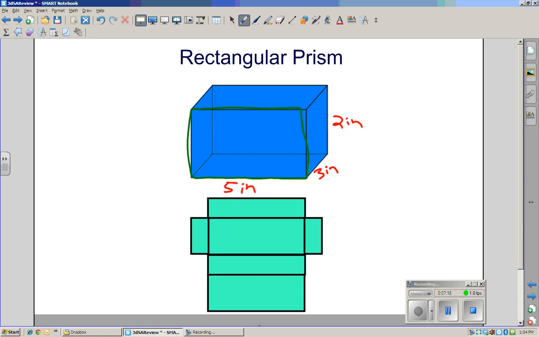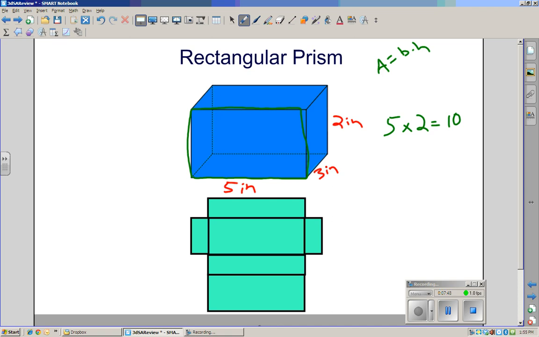My dimensions of the front rectangle are 5 across and 2 high. So my base times height, again, for all of my rectangles, A equals B times H. 5 times 2 is 10. Now, here comes what you have to keep in mind. After I do a rectangle, I ask myself, how many rectangles are exactly like this one?